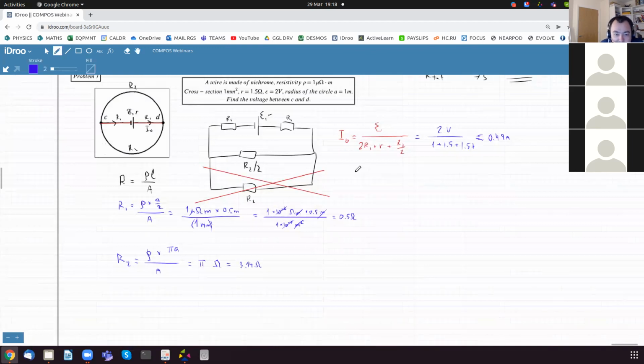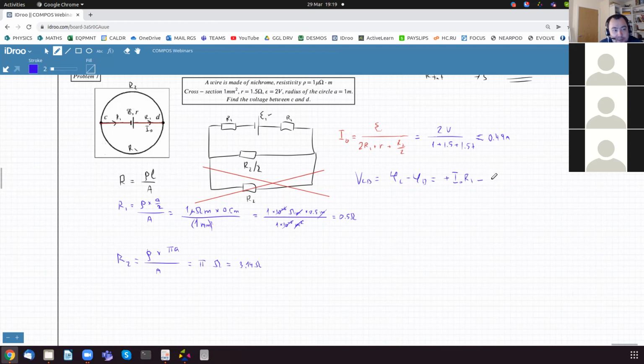So voltage between C and D is equal to the potential at C minus the potential at D, which is, now we're going from left to right, so the current is flowing right, so it's going to be plus I0 R1.